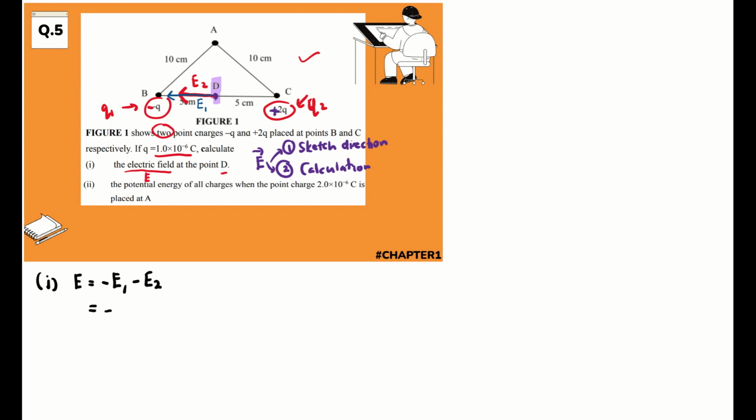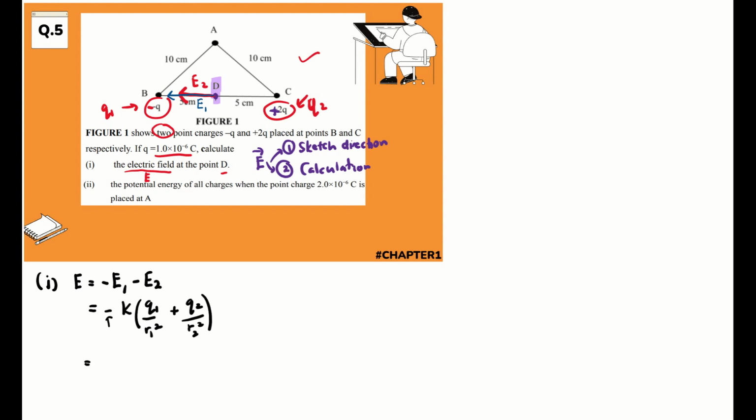So you do the calculation. Please remember, class, when we do the calculation, the sign convention of the charge must not be included. So KQ1 over R1 squared, plus, because you have put minus here, KQ2 over R2 squared.